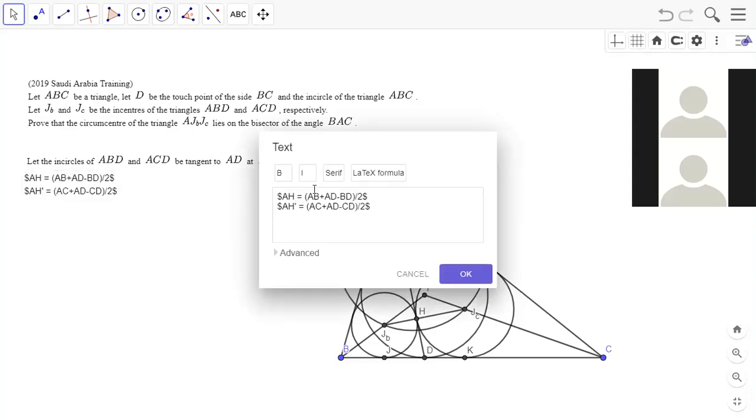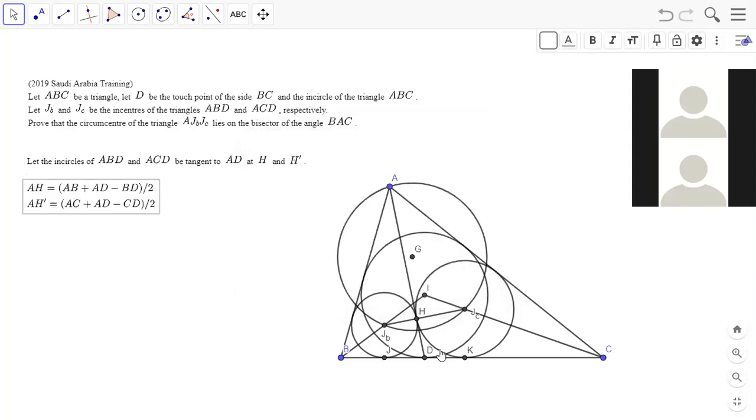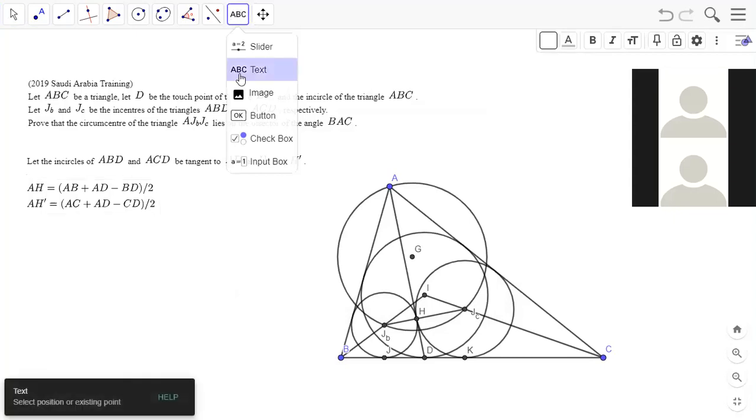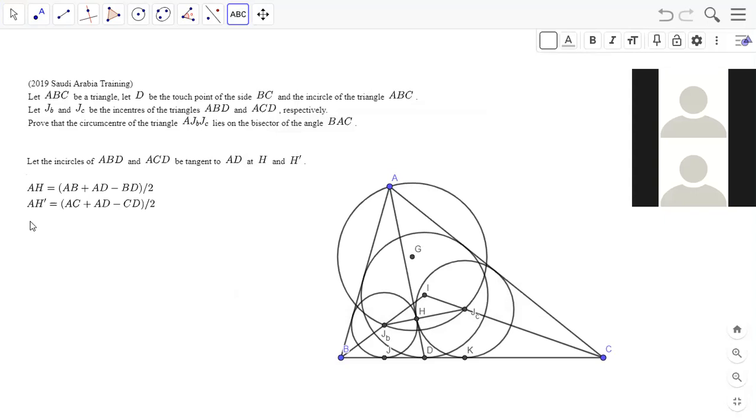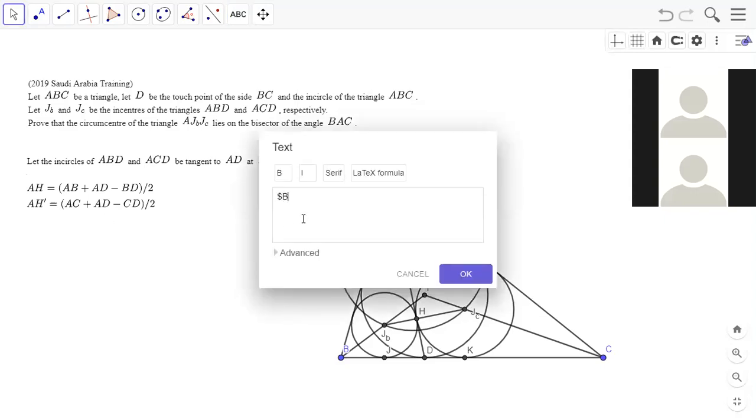And also, we know BD and CD, so BD is AB plus BC minus AC over 2.